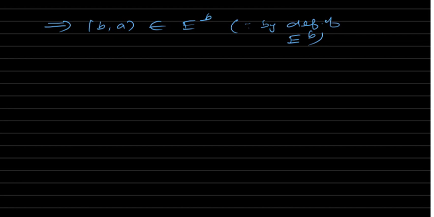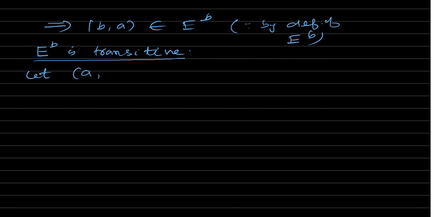Next we show that E flat is transitive. So we must take two pairs and then show the pair (a, c). Let (a, b) and (b, c) belong to E flat.